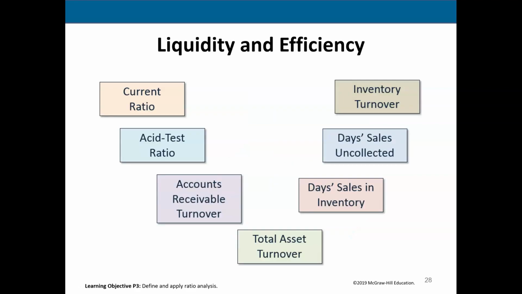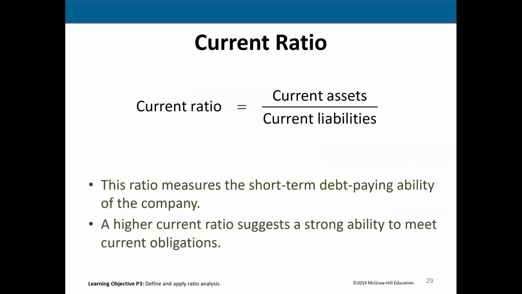Okay, these are just examples of 7 ratios under liquidity and efficiency, and we're going to go through them. First one is the current ratio. The current ratio measures the short-term debt paying ability of the company. You're taking what you currently owe and taking what you currently have as collateral, I guess you could say.